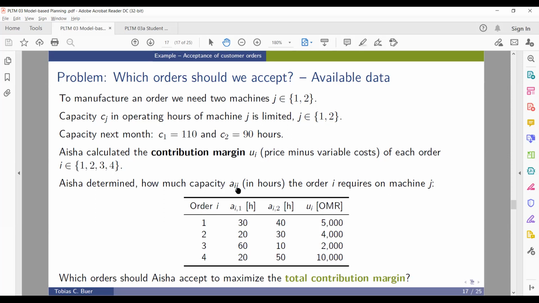We have 2 machines, 1 and 2, and 4 orders. So the 50 means if we produce order number 4, we need 50 hours of machine number 2. So it's important to understand exactly what the given data means. And our question is, which of these 4 orders should Aisha accept to maximize the total contribution margin?